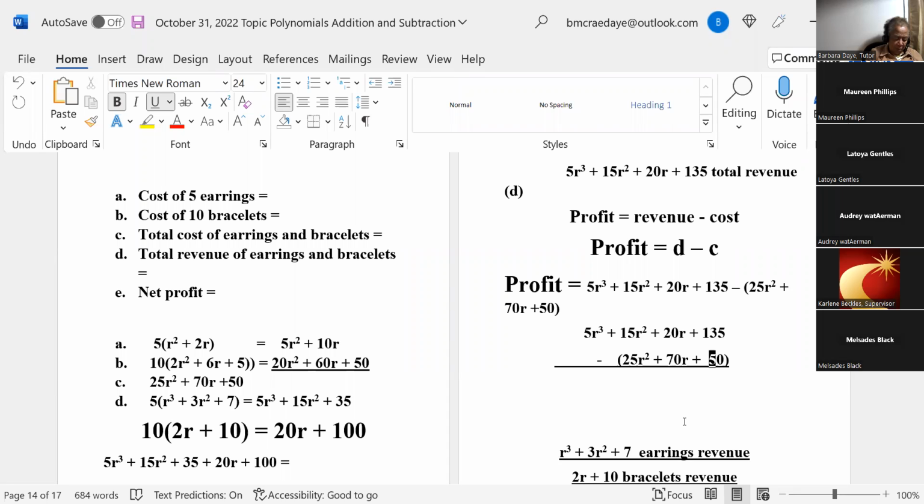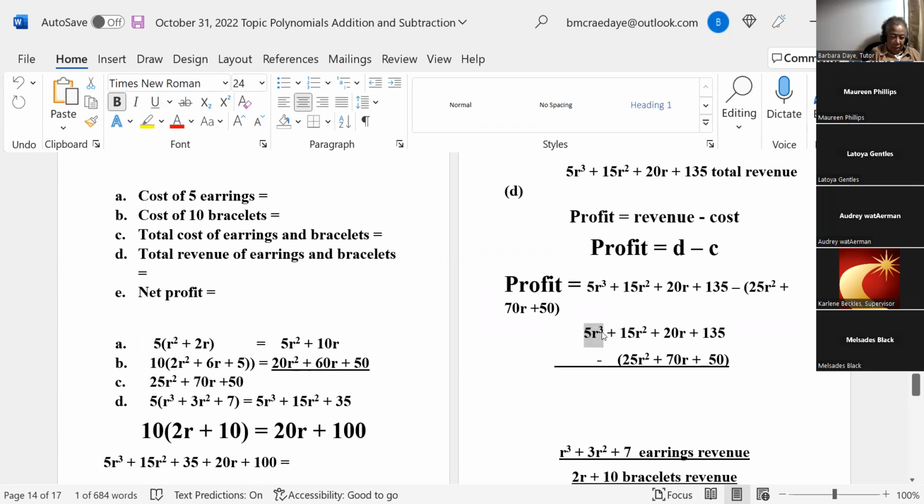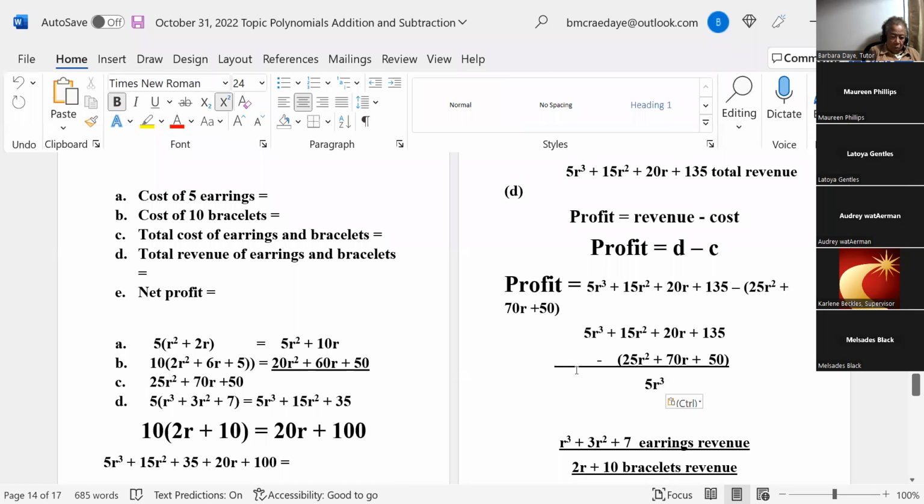Yeah, you put it by itself. Just bring the 5R to the third down, because you don't have that in what you're subtracting. So let's just bring that down. Alrighty.